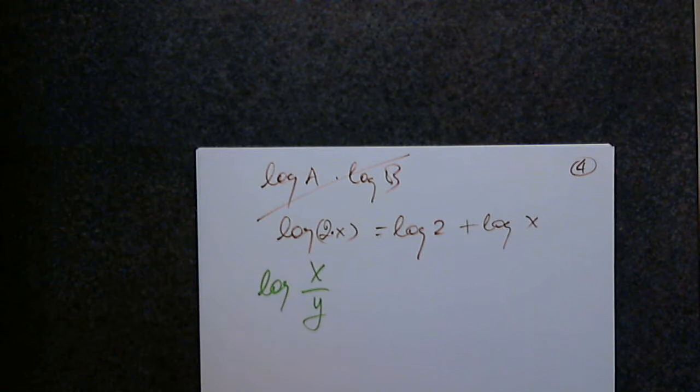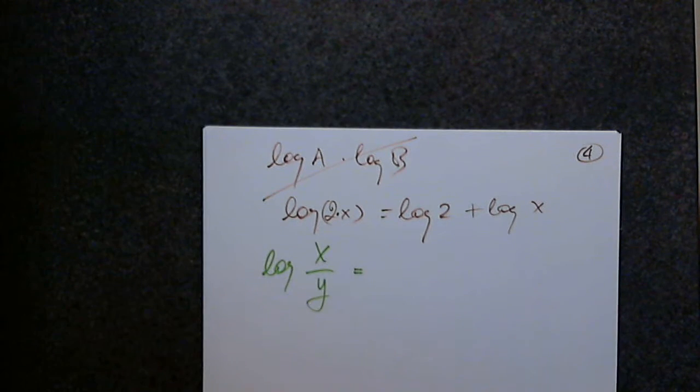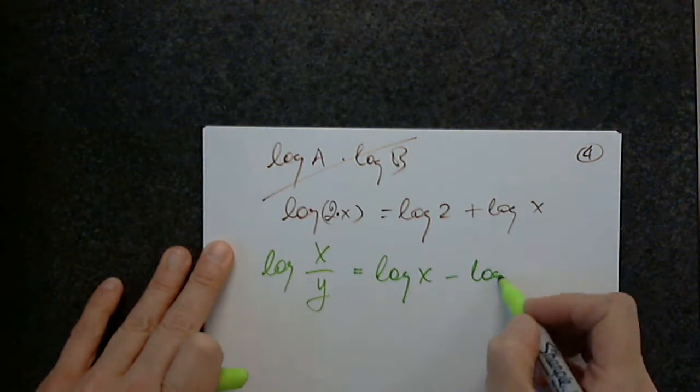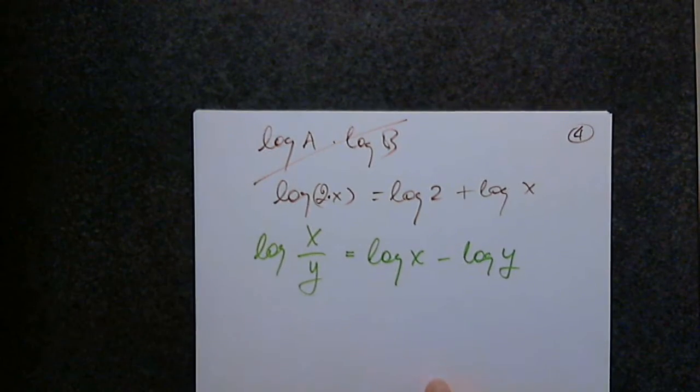Here's another one. Log of x over y, or a over b. What do you think this will equal to? If the product changed into a sum, log applied to a ratio will change into? Exactly. Awesome. Well done. So log x minus log y. Of course, this is the quotient rule.